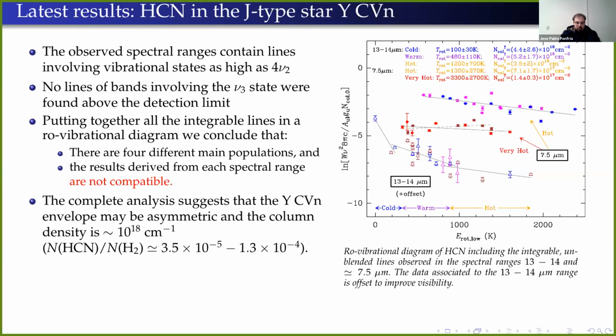Moreover, the spectra are normalized and are not affected by possible uncertainties such as those related to flux calibration, because they are not flux calibrated, of course. Thus, we conclude that either the gas density distribution or the HCN abundance distribution can be asymmetric.